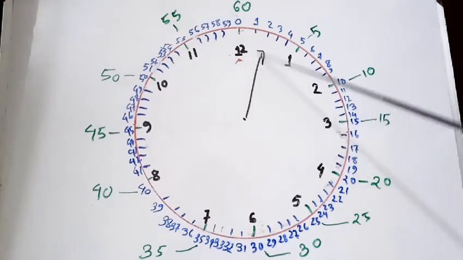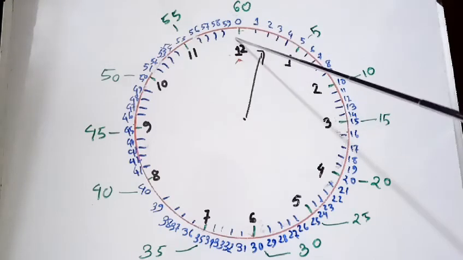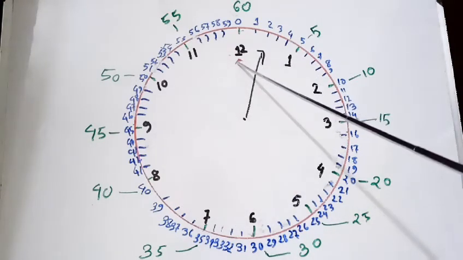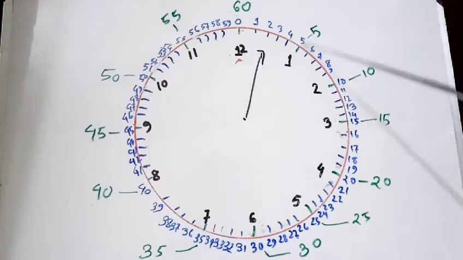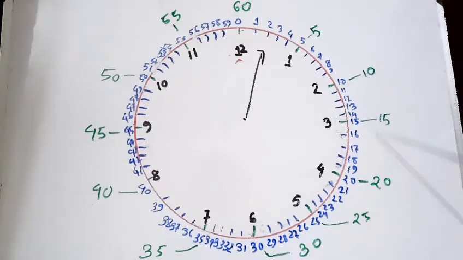The minute hand points to minutes, up to 60 minutes. When it completes one round, it means 1 hour. And every big number indicates 5-minute intervals, multiples of 5.